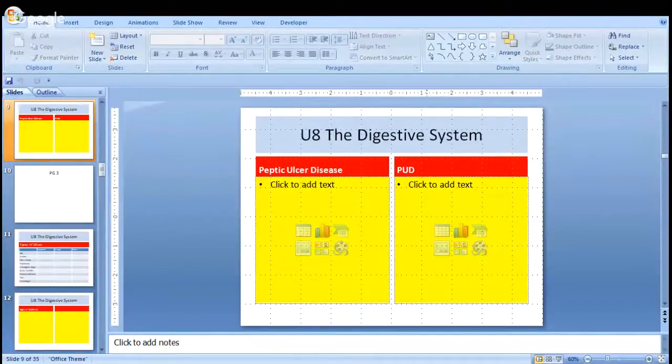What happens with peptic ulcer disease is that H. pylori is one of the biggest culprits, and it basically destroys the lining of the stomach. The cells that line the stomach are able to endure that very acidic environment. When they're destroyed, the less able to survive cells underneath get really damaged by the acid.